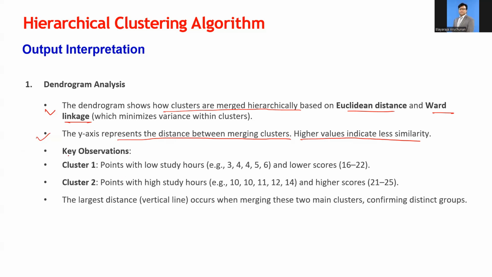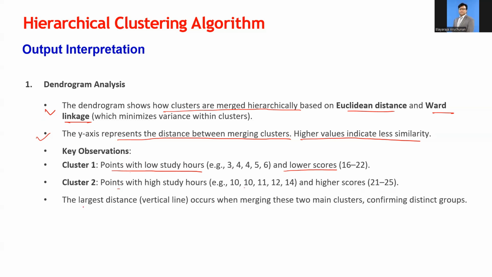And then the key observation: for cluster one, the points with low study hours, which are 3, 3, 4, 4, 5, 6, have lower scores, 16 to 22, based on the dendrogram. For cluster two, the points with high study hours, for example 10, 10, 11, 12, 14, have high scores between 21 to 25.